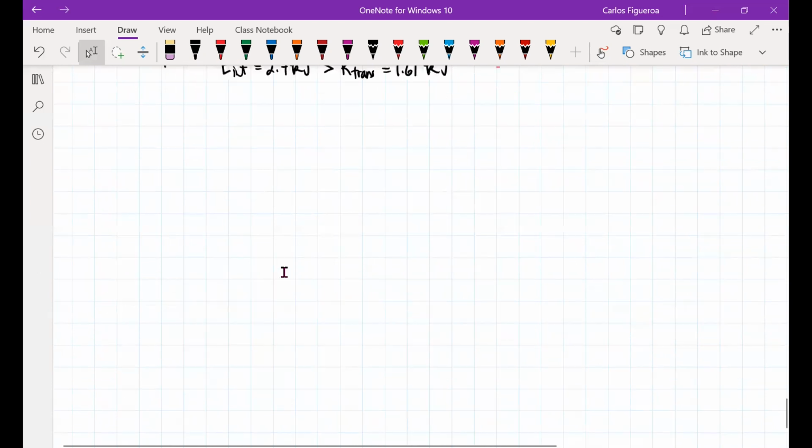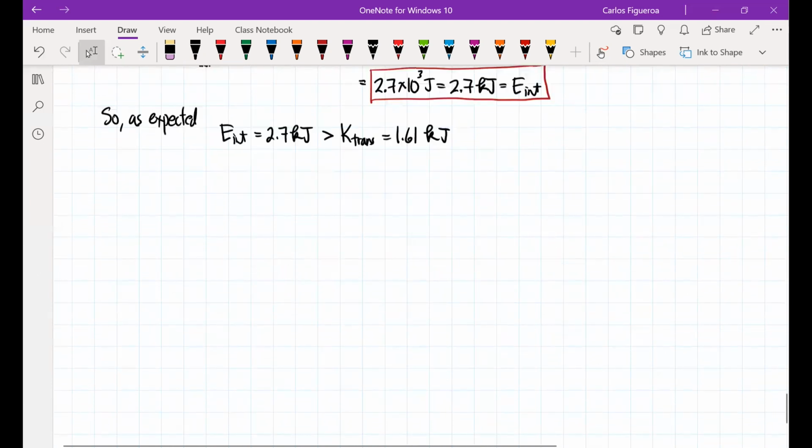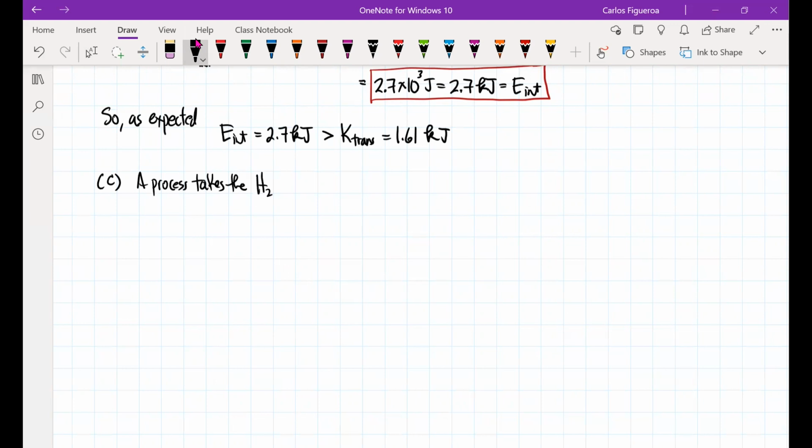Okay, so let's go compute that here. If I now summarize what I just said, a process takes the H2 gas and compresses it using work that's a positive 500 joules, right?